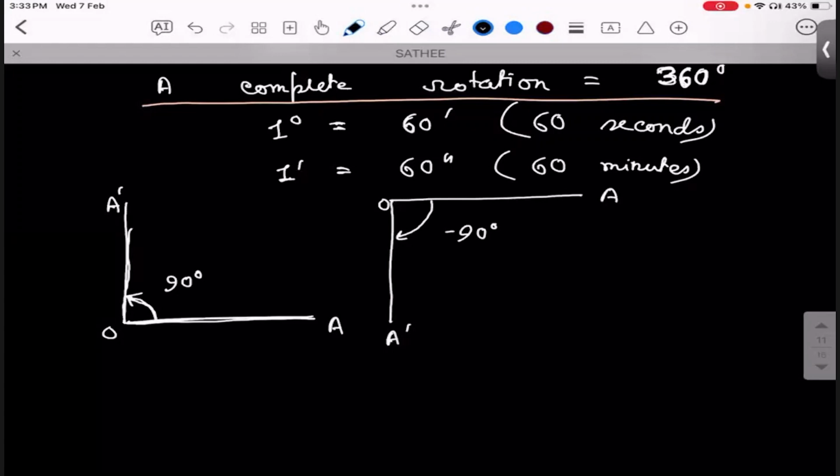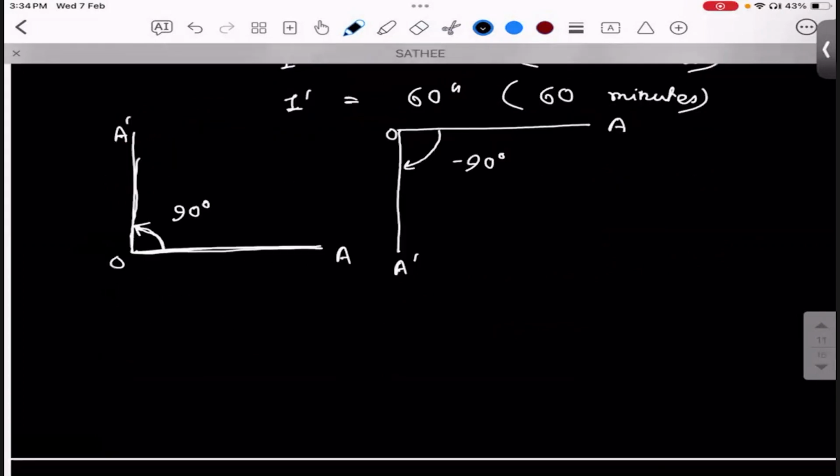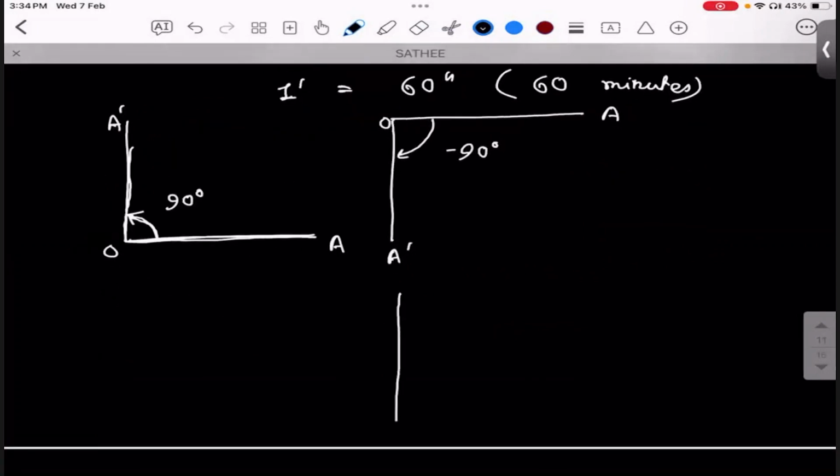Fine. Now the question is, if I draw this case again, like here and here, this is our initial state, this is our terminal state, and instead of going in the clockwise direction, can I go in the anti-clockwise direction? The answer is yes. In that case, the angle will be 270 degree.